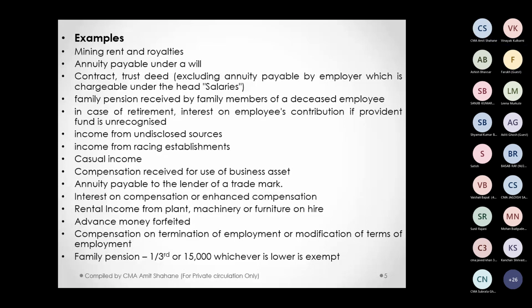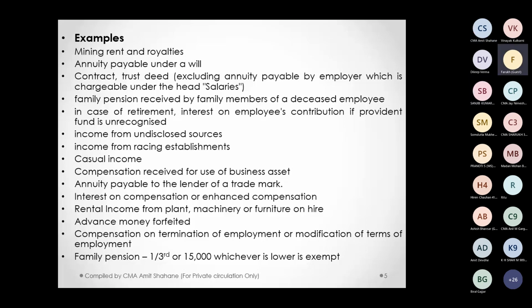Correct. Once we go to individual taxation, I will explain it in detail. But for the time being, keep this in mind: whatever family pension is received by the family members of the employee, one-third or 15,000, whichever is lower, is exempt. I'll come to that in detail in the next session. Otherwise, practically nothing will be left over for the next session.